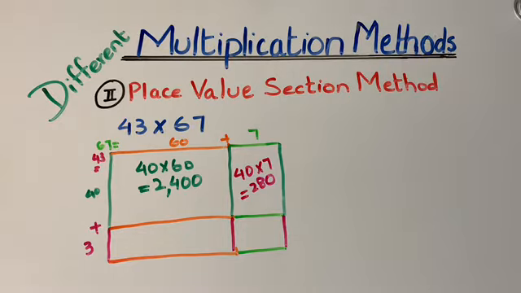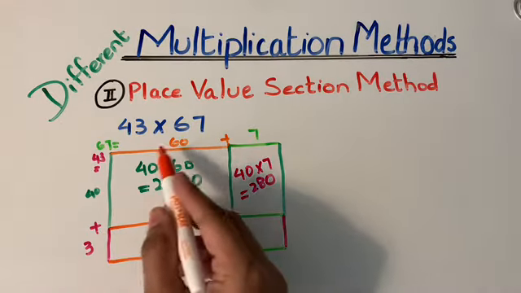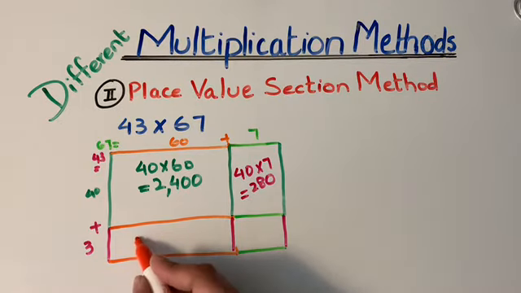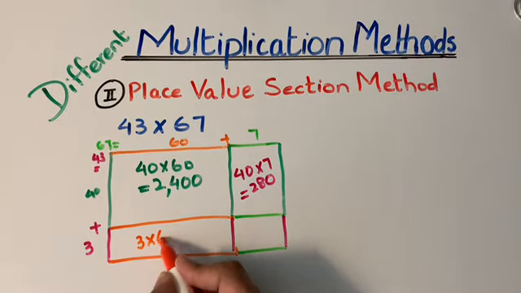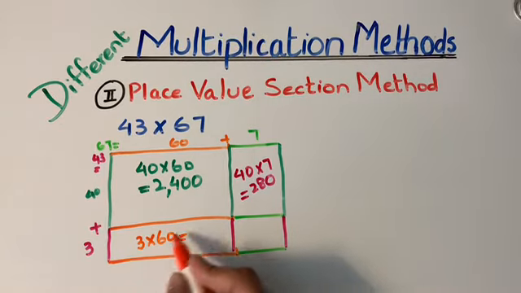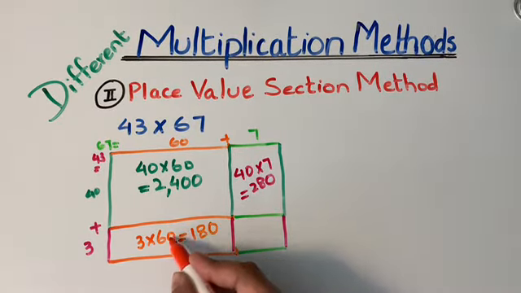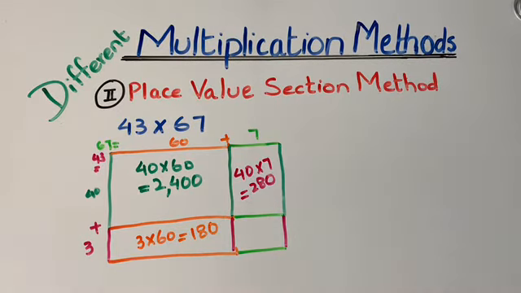Now move on to the next section. In this section, 3 ones and 6 tens means 60. So 3 times 60. Here we have 3 times 6 is 18, and this 0 will come at the end of 18.